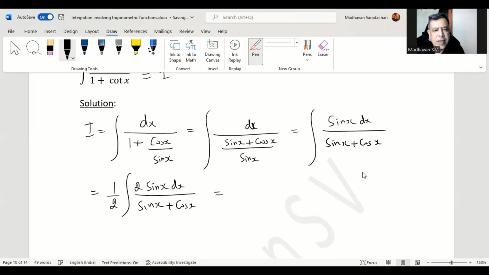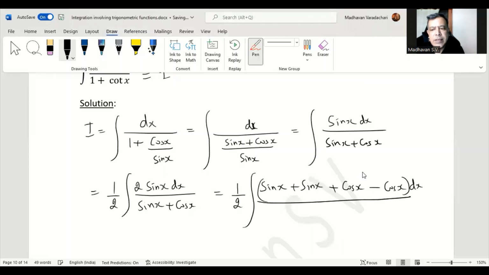Now this 2 times sin x, I can rewrite as sin x plus sin x. I want cos x, so I will include cos x. Since additionally I included cos x, I will subtract cos x. The whole thing dx divided by the same denominator, which is sin x plus cos x.